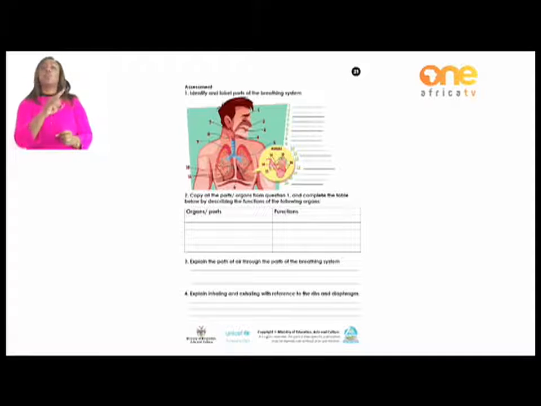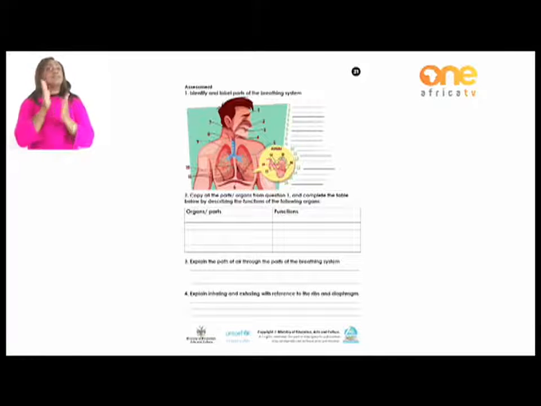Question 2, copy all the parts or organs from question 1 and complete the table below by describing the function of the following organs. Let's not do all of them, we are only going to look at a few.